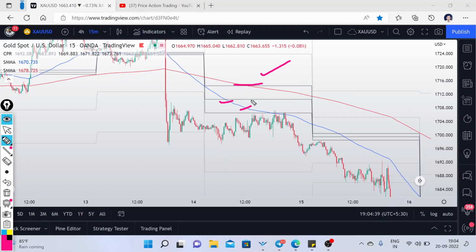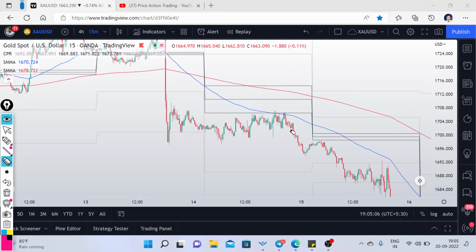So as you can see, in this particular case, there are two type of entry that you can take. Either on the opening, if you see the price is below CPR, then you can take directly entry on that time, or you have to wait for pullback toward the CPR, and then you can take sell entry over these points or these levels.